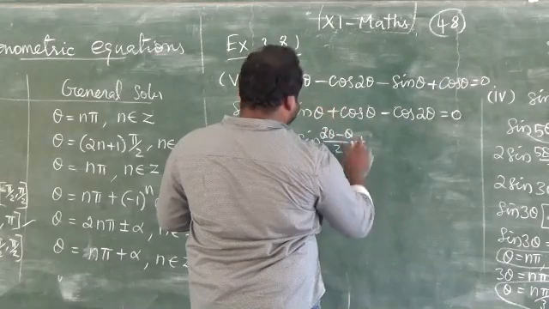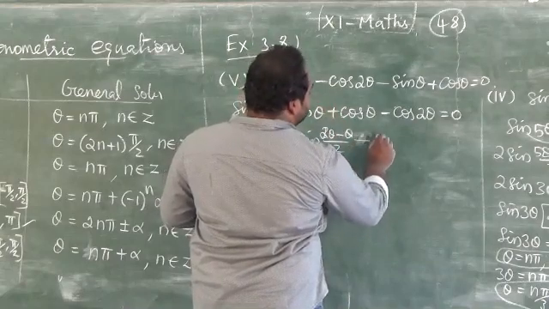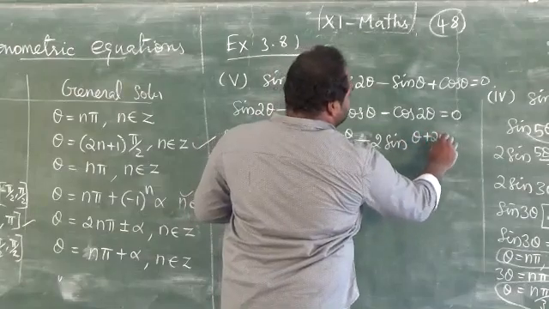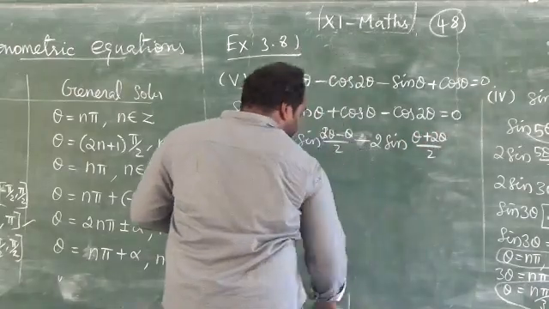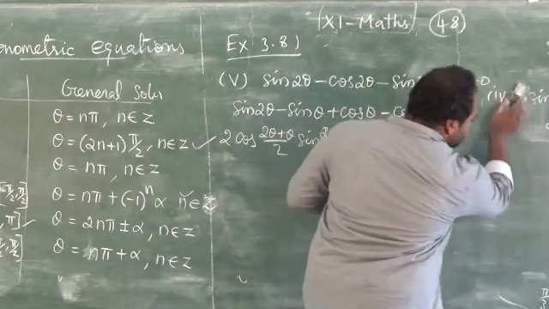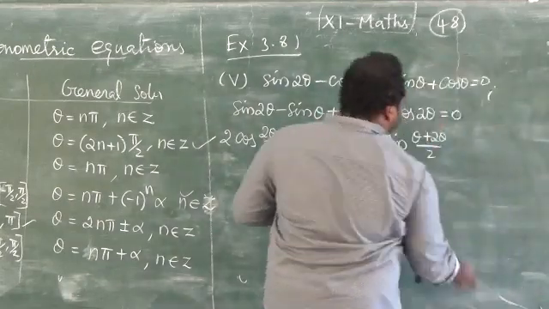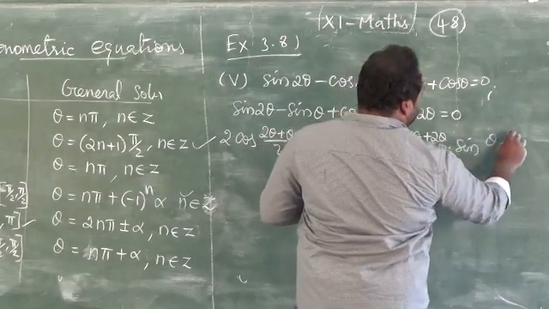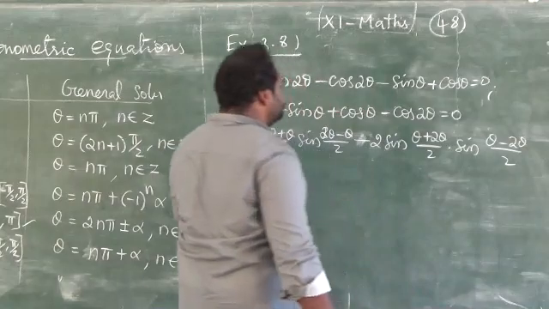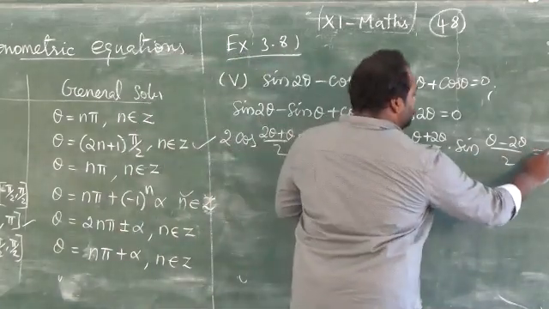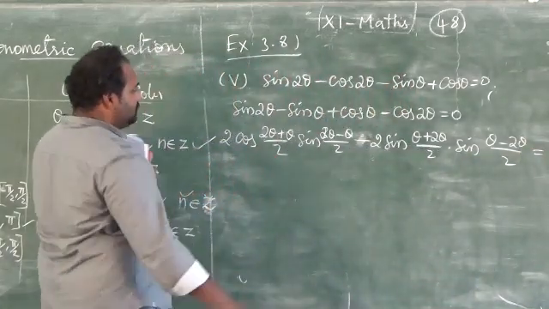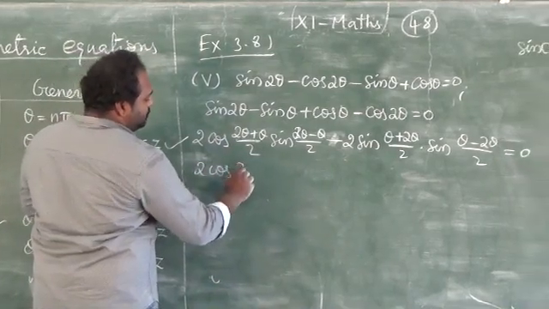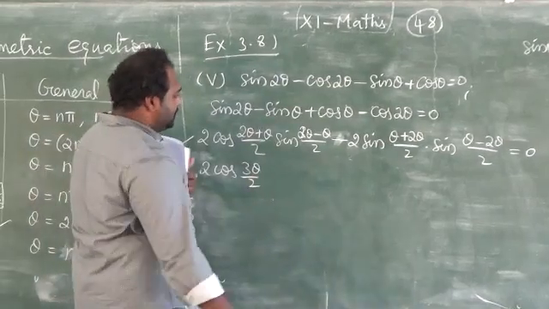Cos C minus cos D formula is minus 2 sin of (C plus D) by 2 into sin of (C minus D) by 2 equal to 0.